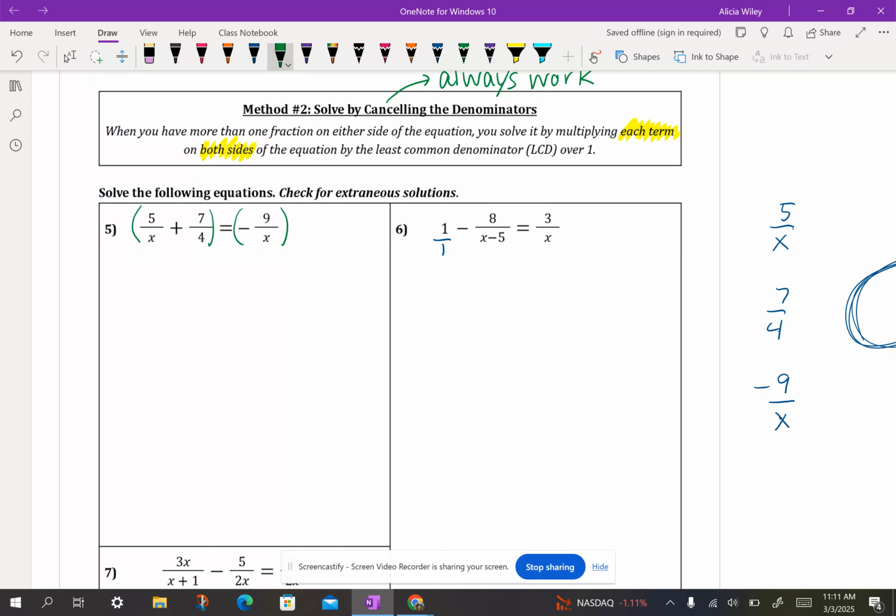I'm going to show you 2 ways that you can sort of set this up. I like to put 2 parentheses on each side, and I like to say, well, I'm going to multiply this side by 4x over 1, and I'm going to multiply this side by 4x over 1. Okay? That's what we're doing. We're multiplying something to both sides. Whatever we multiply to one side, we have to multiply to the other.